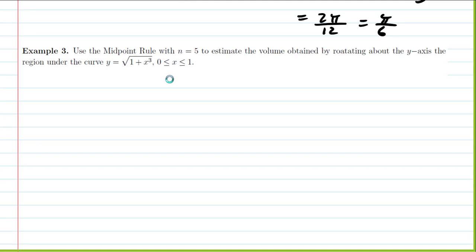So let's go ahead and set up this integral and see what happens. We want to use the midpoint rule with n equals 5 to estimate the volume obtained by rotating about the y-axis the region under the curve y equals the square root of 1 plus x cubed.